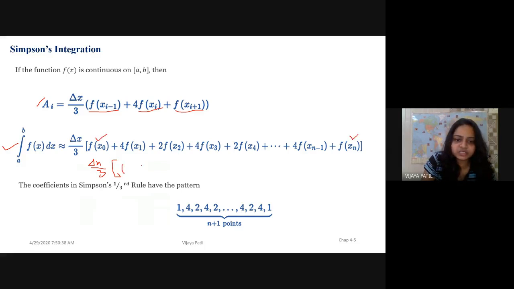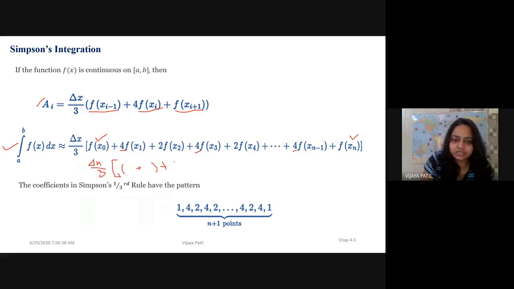Then collect the terms having the coefficient 4. If you observe, the coefficients of 4 belong to the points x1, x3, x5, x7.